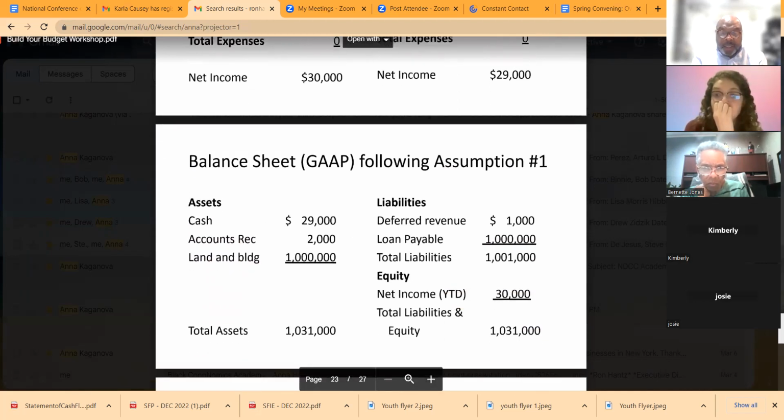Here we received $29,000 in cash, but accounts receivable is $2,000 because the 2 members, as you had noted, Reverend Burnett, hadn't paid. The land and building is still $1 million, and so the total assets is $1,031,000.